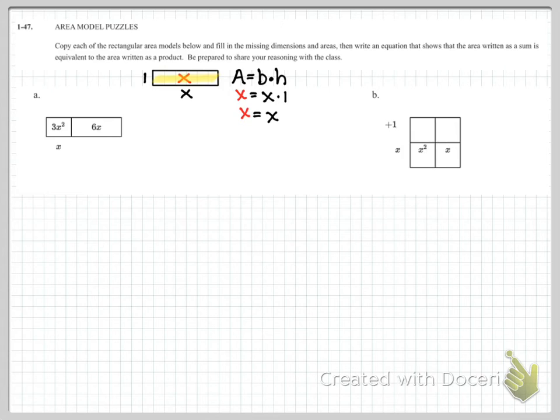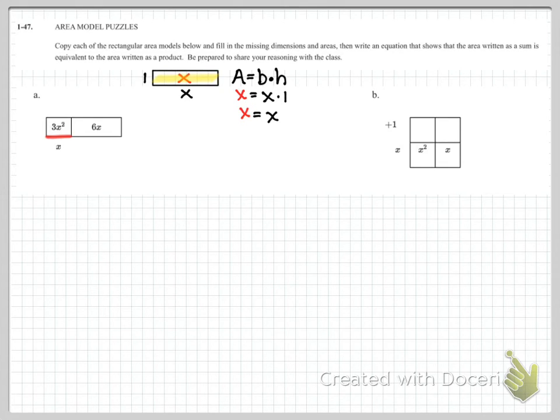So if I take a look at just this first box here, this 3x squared, I'm already given one of the dimensions. I already know what it is. I was told that this length is X. All right. Well, if the area of that is 3x squared, we need to ask ourselves, what's the other dimension supposed to be?